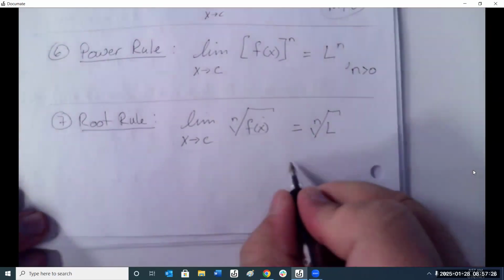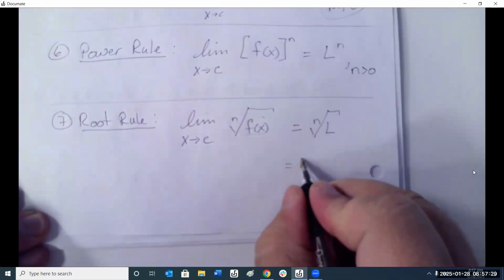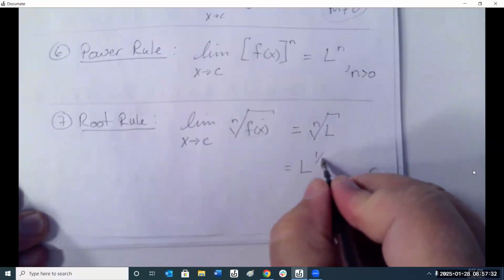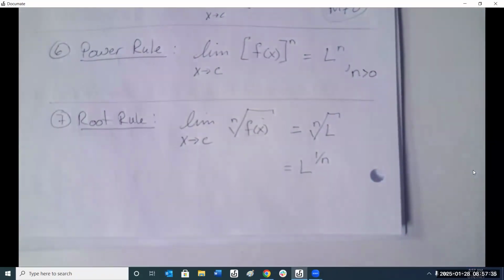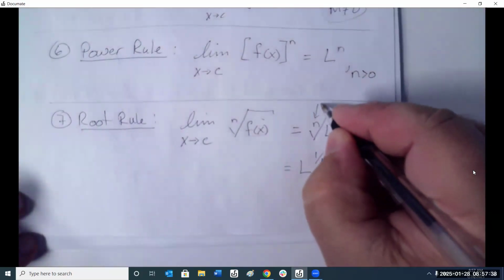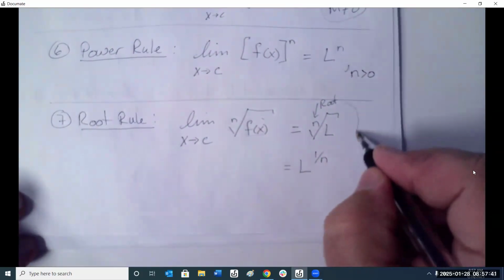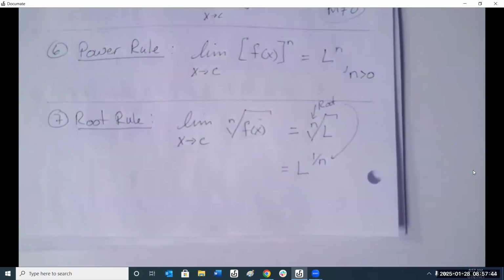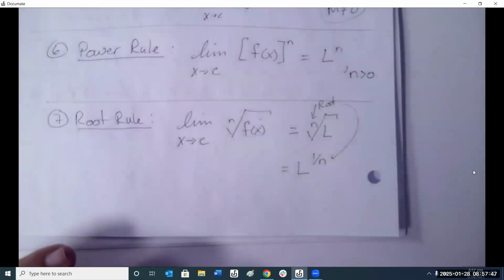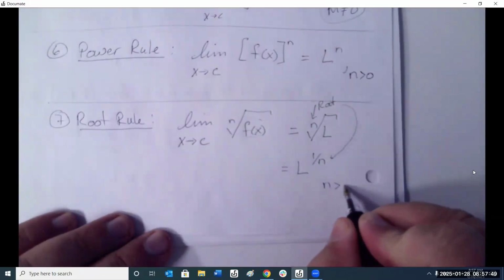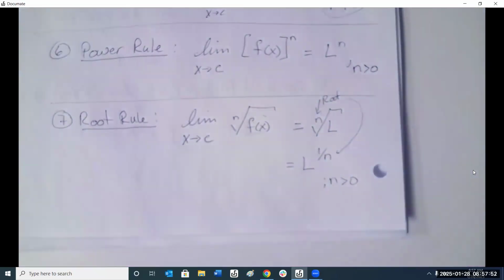Remember from algebra, very important, that we can rewrite this as an exponent. This is the root of the radical. It's also, whenever you have that, the denominator of your rational exponent. Again, n has got to be greater than 0. So far, so good. Let's look at some examples now.